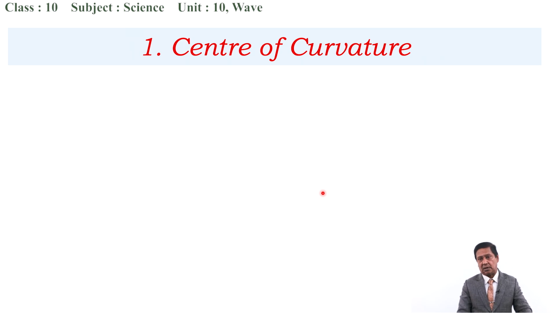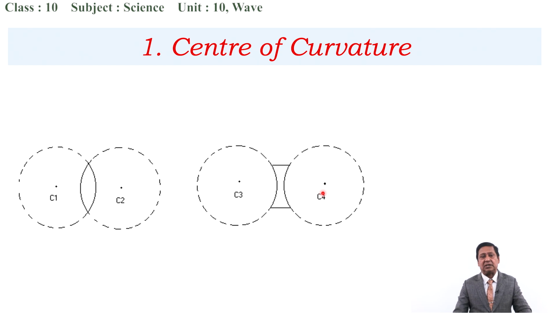What is center of curvature? I want to go through a diagram first. This diagrammatic representation represents center of curvature. Here we have C1, C2, C3 and C4. They are the centers of the glass sphere from which the surface of the lens is formed.